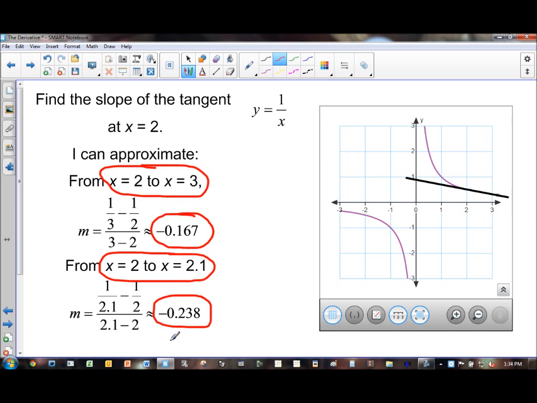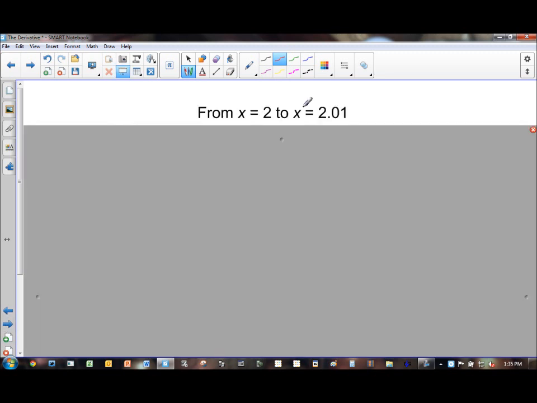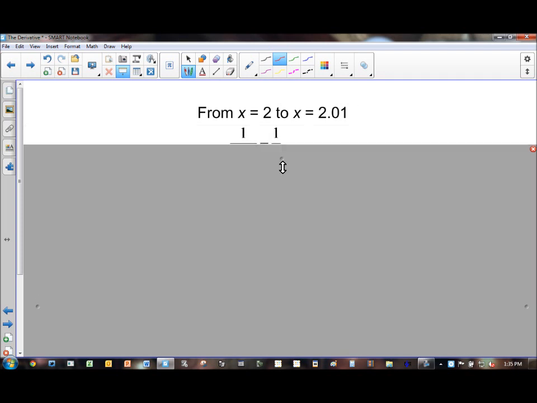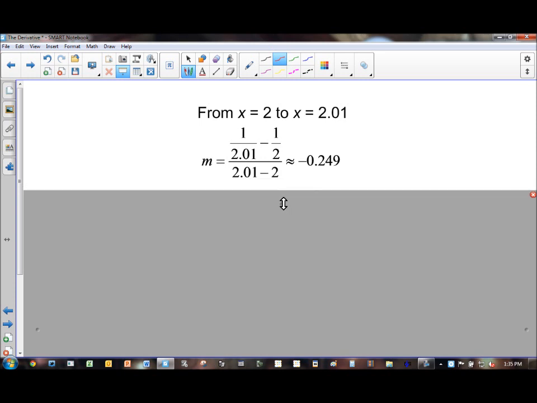So I know that the actual slope is not around negative 0.167. A better estimate is negative 0.238. Let's keep going with this. If I were to do it from x equals 2 to x equals 2.01, and that's making the width between the two x's even smaller, I would get negative 0.249.